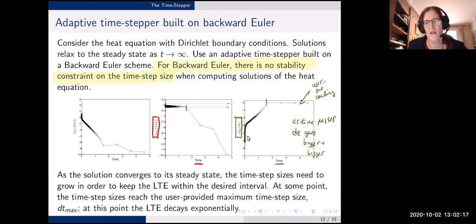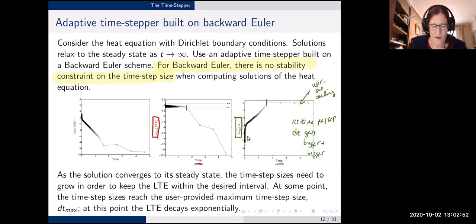The unforced heat equation has steady states as long as you've got reasonable boundary conditions, and those steady states are universally attracting. Whatever your initial data is, you're going to go to that steady state. So this is what you would expect for something where there's a stable steady state and no constraint on the time step size. The time stepper just takes bigger and bigger time steps until some user-specified ceiling says stop.